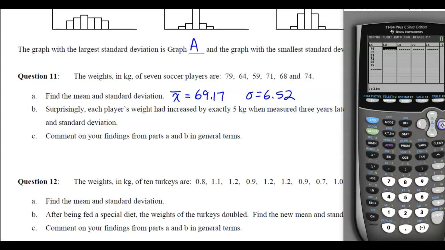So I'll put it in L2, so we'll just check. You don't have to check. I'll just put it in here so you can look at it. 5 kilograms, that would be 84, 69, 54, 76, 73, 79.